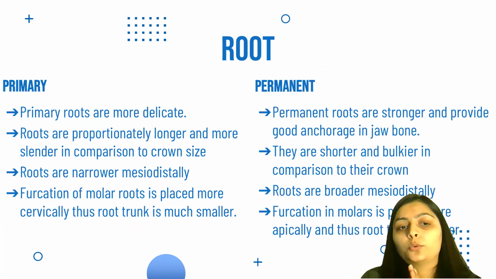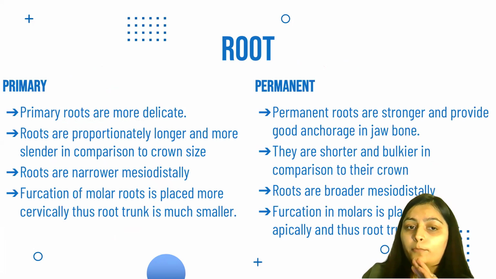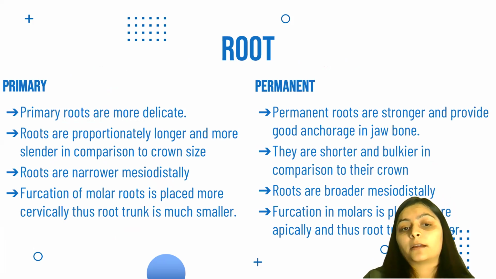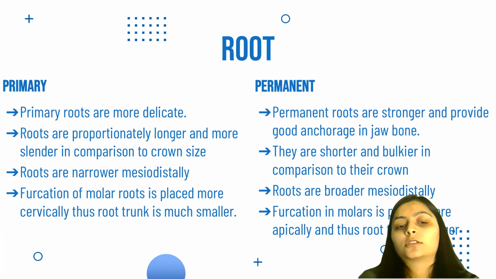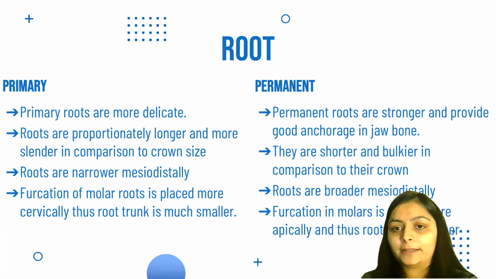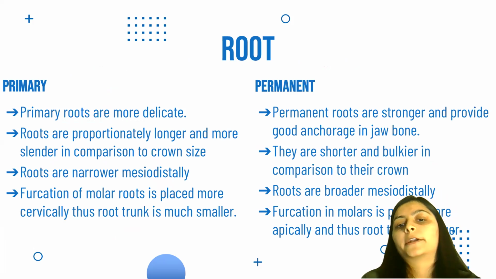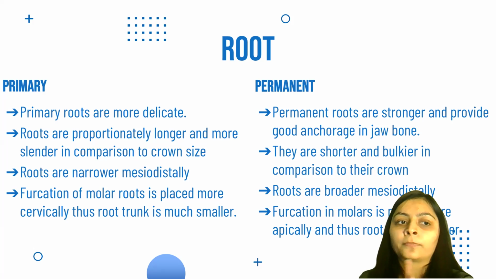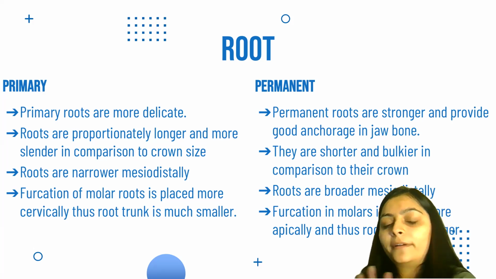In root, primary roots are more delicate, proportionately longer, and more slender in comparison to the crown size. Roots are narrower measured distally in primary teeth, and the furcation of molar roots is placed more cervically. Thus, the root trunk is smaller in primary teeth. And the opposite for the permanent: roots are stronger and provide good anchorage in the jawbone because they have to stay for a lifetime, whereas primary tooth roots have to exfoliate, and that's why they are more delicate.